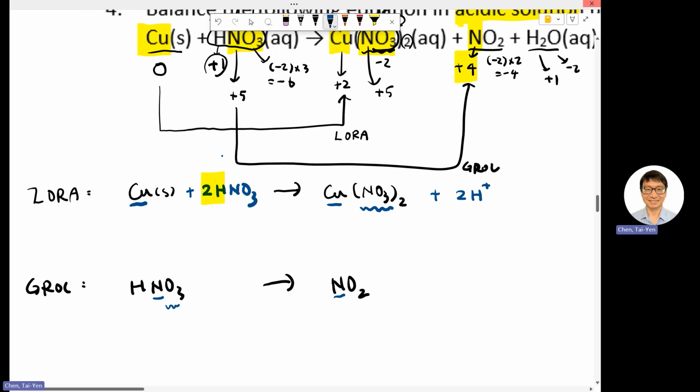You have 3 oxygen here and 2 oxygen there, so on the product side, you're missing 1 oxygen. To compensate for that missing oxygen, you add in 1 H2O. Once you do that, all the oxygen is balanced.